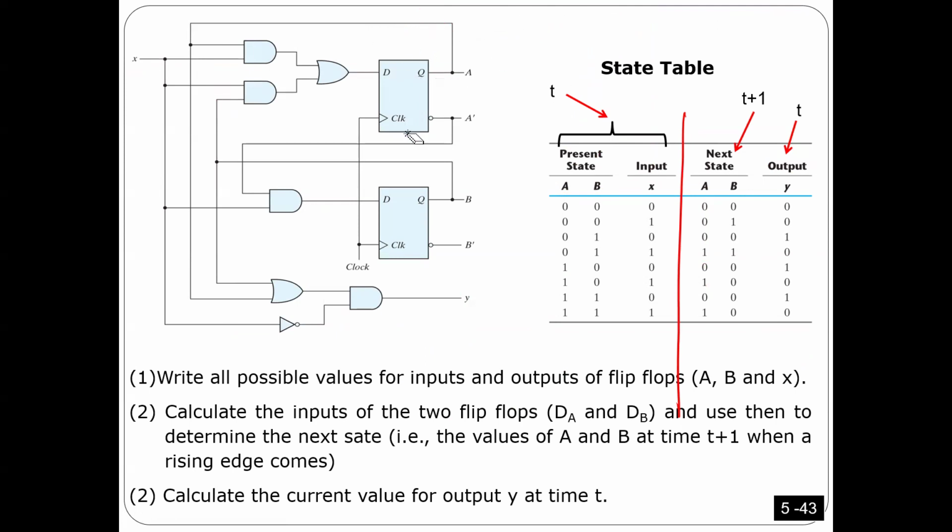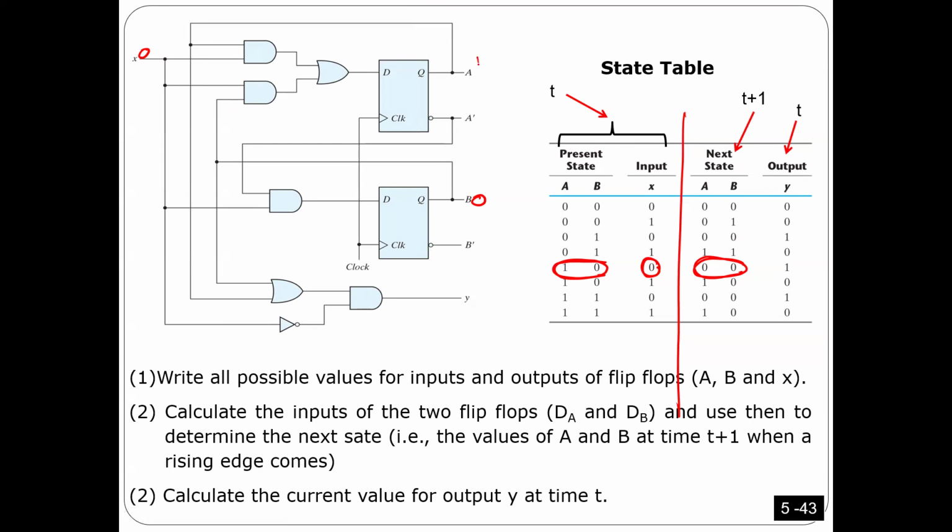So here, what does this table mean? It means, for example, if I'm in this state, 1, 0, and the input was X, the next state will be 0, 0 when the clock comes. That means if this one is 1, and this B is 0, and X here was 0, when the clock comes, it becomes 0.